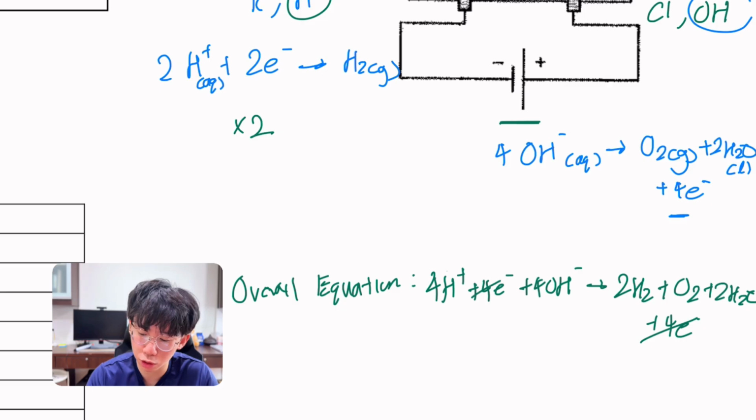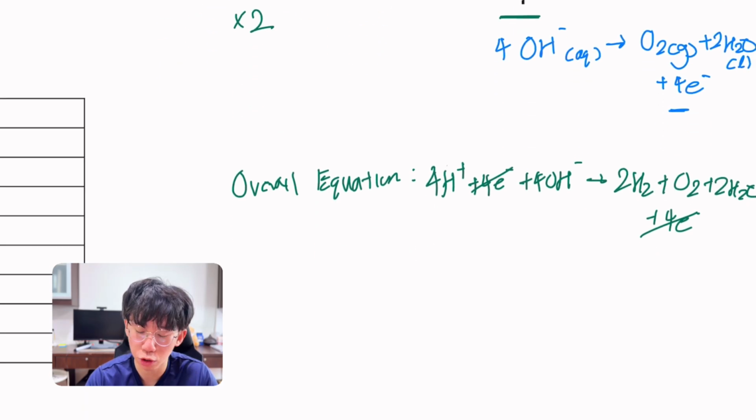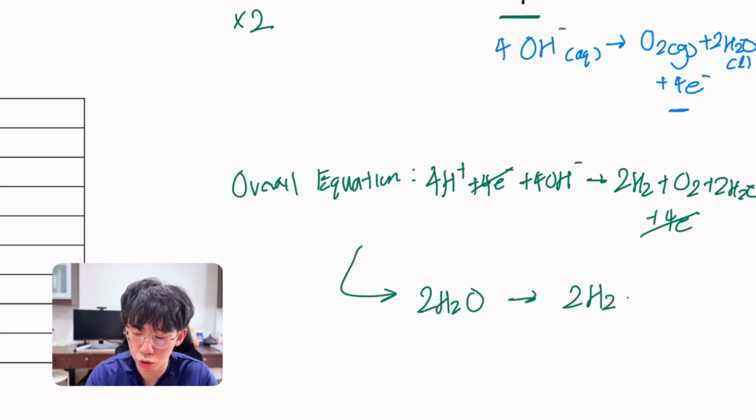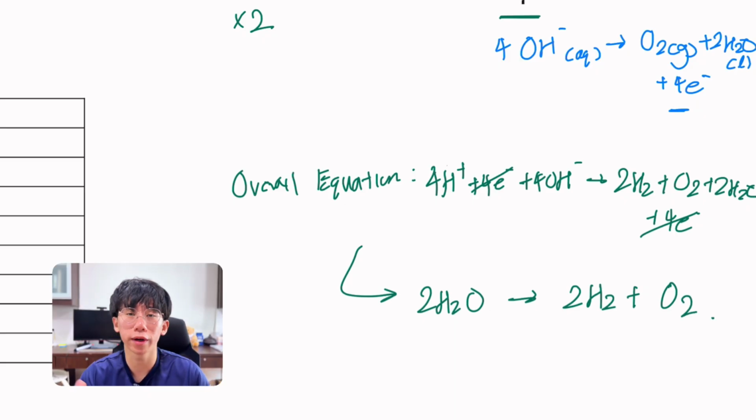If you balance this out, you cancel out the electrons and you combine the H+ and OH- because it forms H2O, you will actually get an overall equation of 2H2O giving 2H2 + O2. So this is the overall equation of the reactions that are happening in this electrolytic cell.